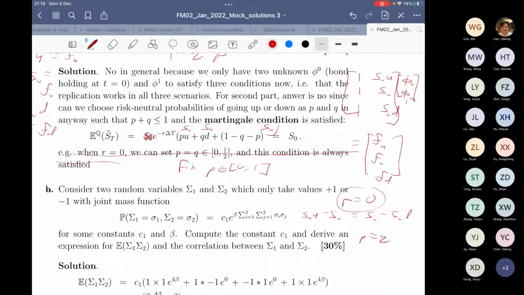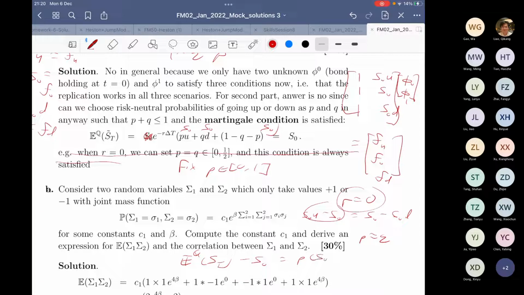To check that, you would just look at E of Q of ST minus S0, which would just be the probability of going up, which is P, times the first increment there.